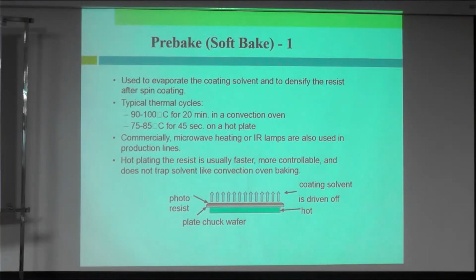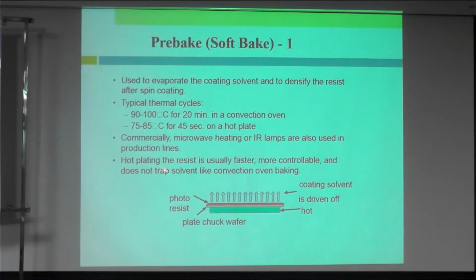So this is a direct heat. So that's why it's very short, 45 seconds, but some care needs to be taken. Commercially, microwave heating or IR lamps are also used in a production line.